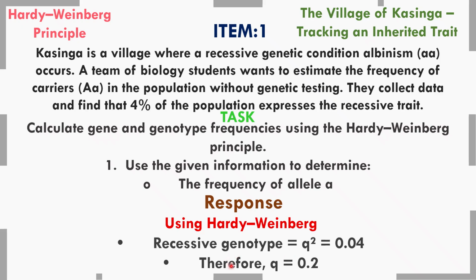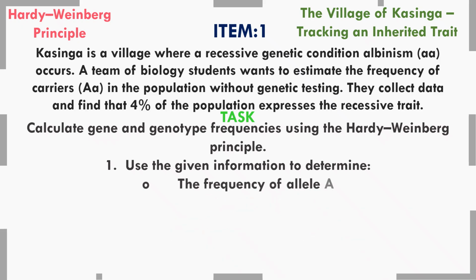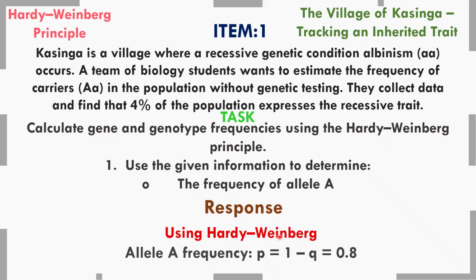Therefore, the allele frequency for a, which is q, is equal to 0.2. Let us now find the frequency of allele capital A. Using Hardy-Weinberg, allele A frequency is given by p, which is 1 minus q, which is equal to 0.8.